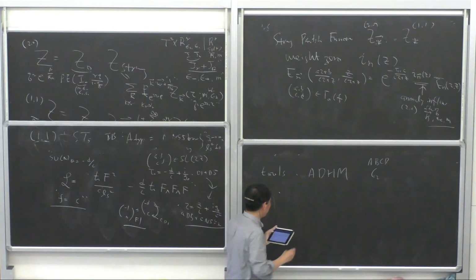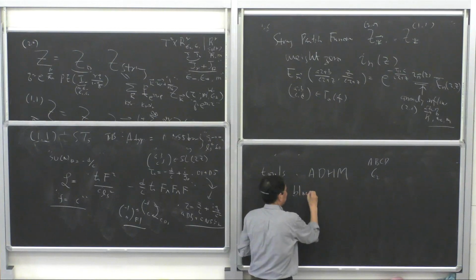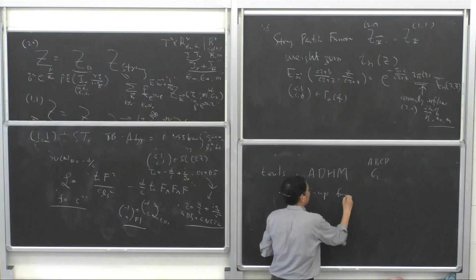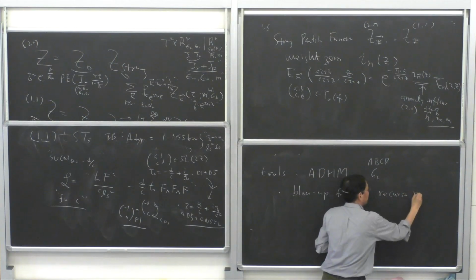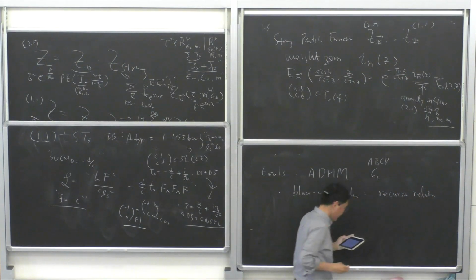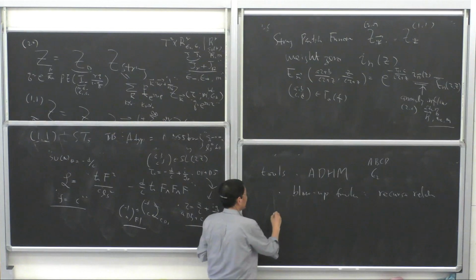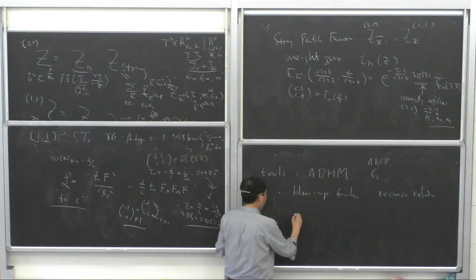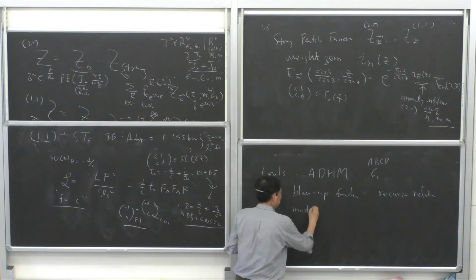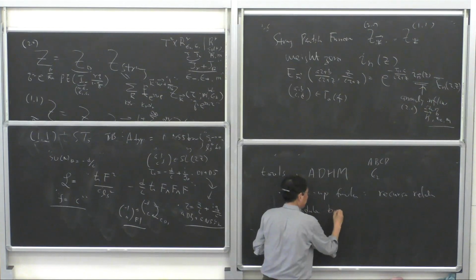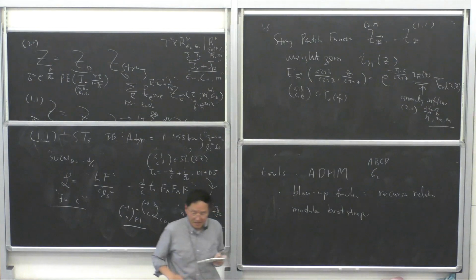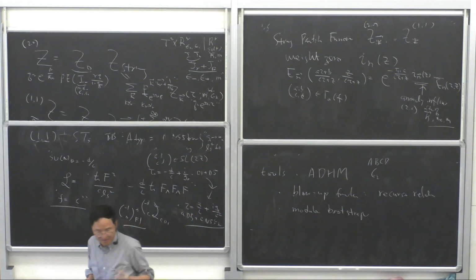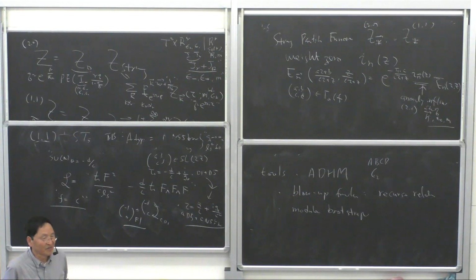Or you can have blowup formulas with some sort of recursion relation on partition functions. And the third one is modular bootstrap, which has also been worked out by Del Zotto and Lockhart.